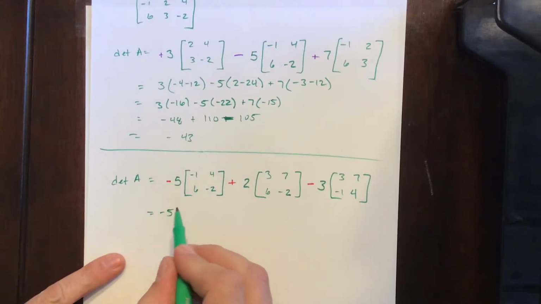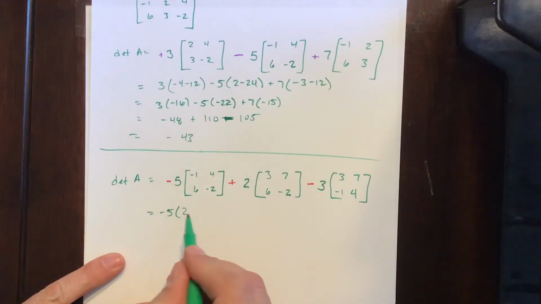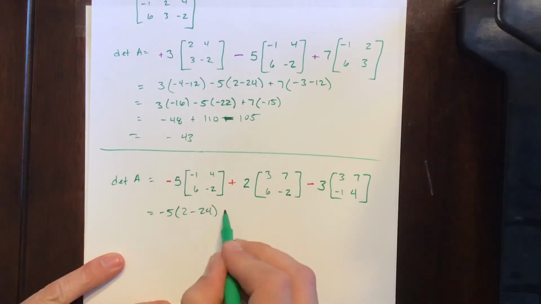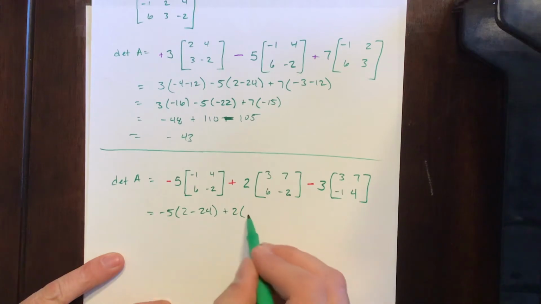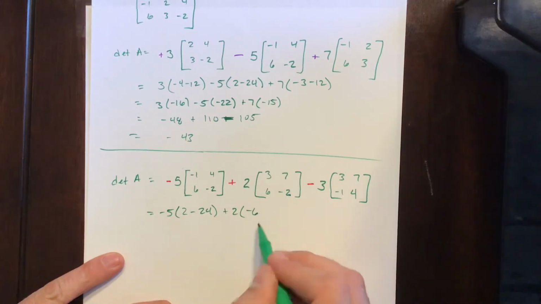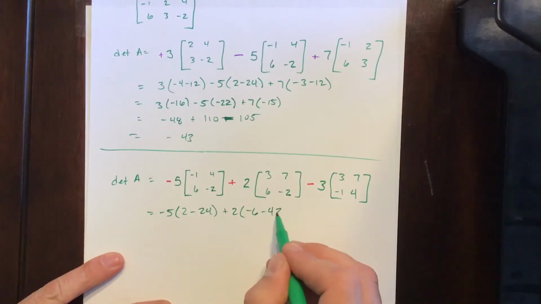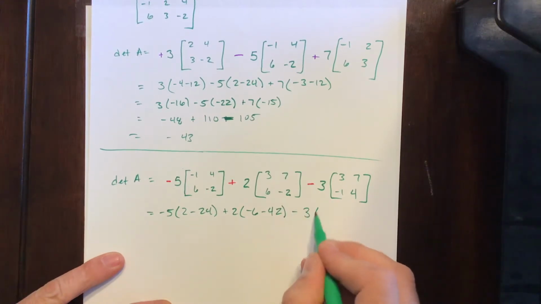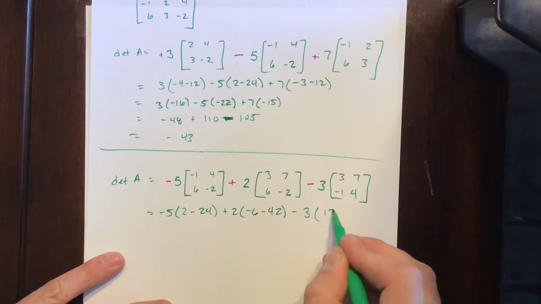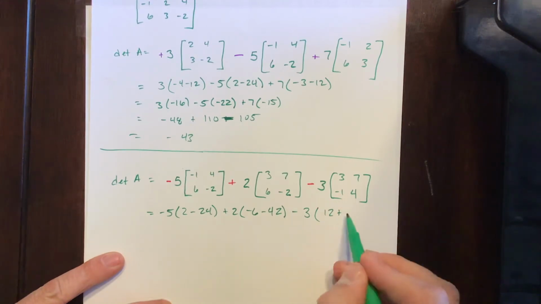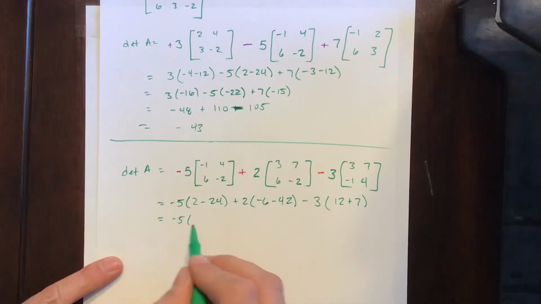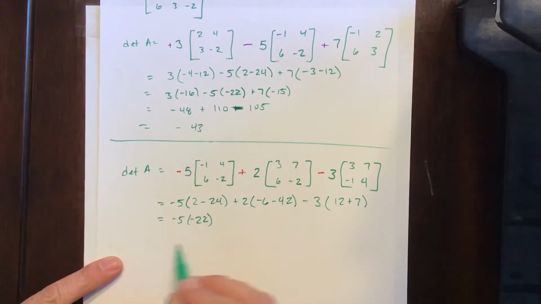So this is minus 5 times 2 minus 24 plus 2, that's negative 6 minus 42, minus 3 times 12 plus 7. So that's negative 5 times negative 22. We got that to be 110.